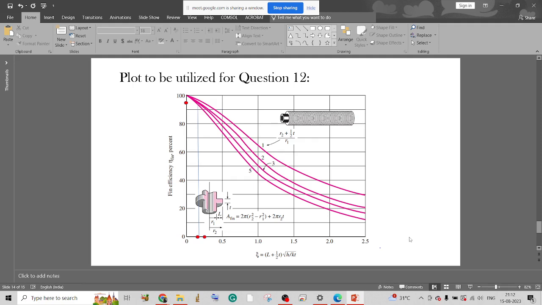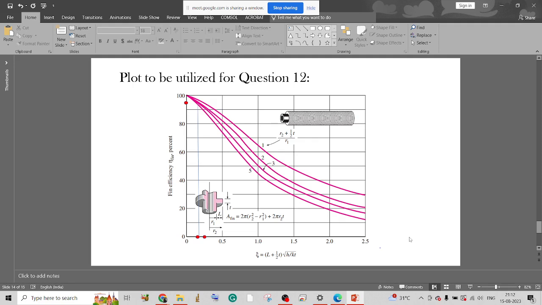Now from the plot we need to find out R2 plus half T upon R1. R2 is the outer radius of the annular fins.